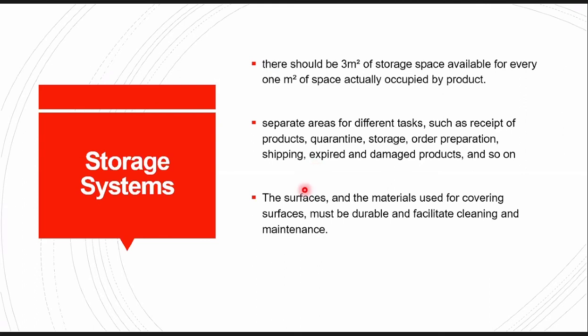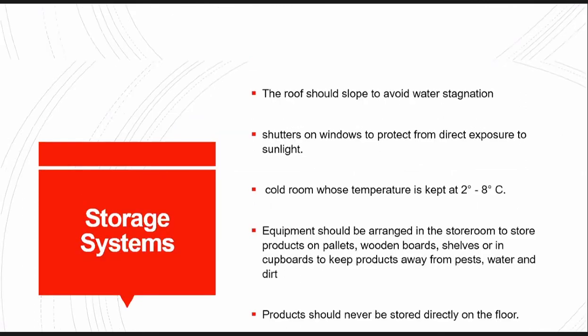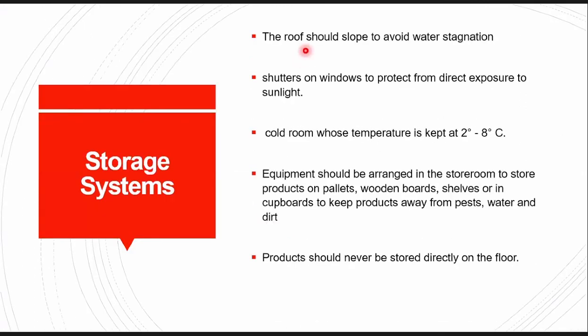And then also the surfaces that you use must be durable, and they have to be cleaned and maintained easily. If it's a new construction, you have to ensure that the roof is sloping, because if the roof is flat, water is going to stagnate.